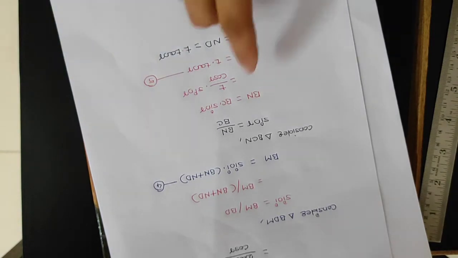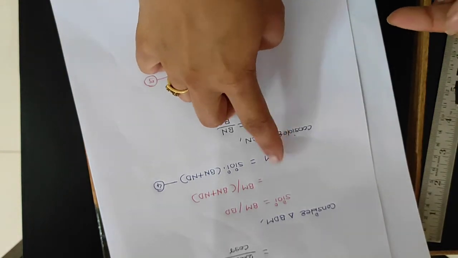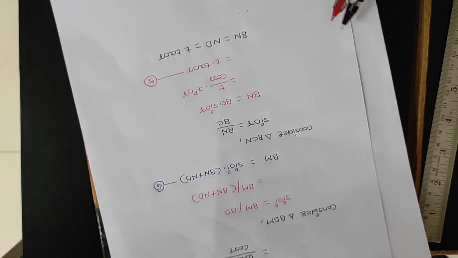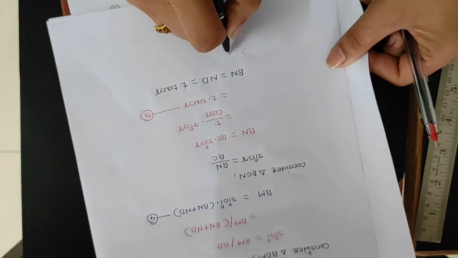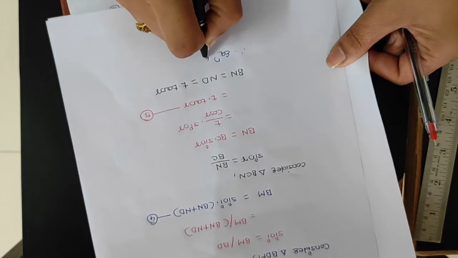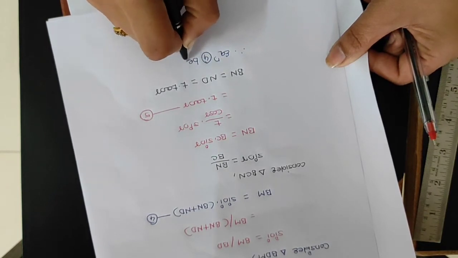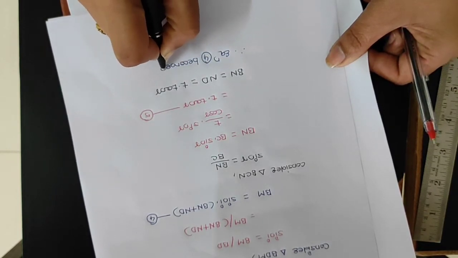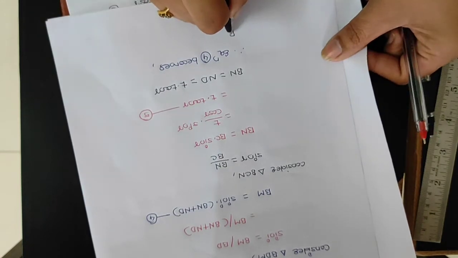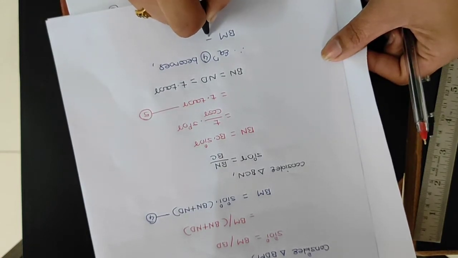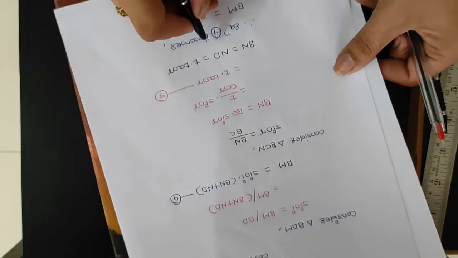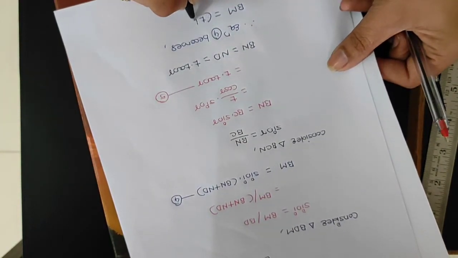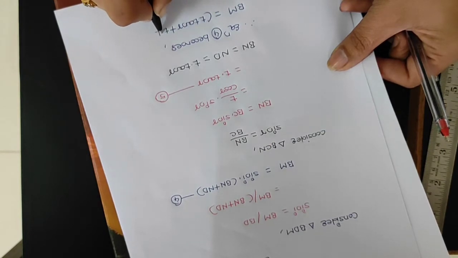And therefore, BM or equation 4 becomes t tan r plus t tan r.